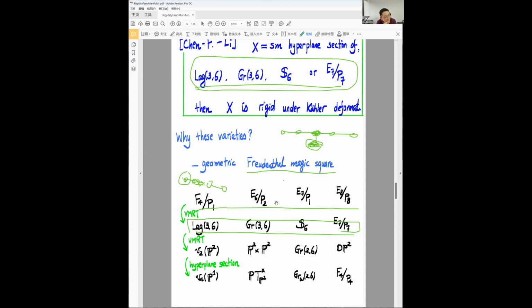For this one, it pretty much falls into the same type of varieties we are studying. Oh, yeah. This is a good question. This one I never saw. It's not hard to check that it is rigid. At least as a Fano variety, it's definitely rigid.